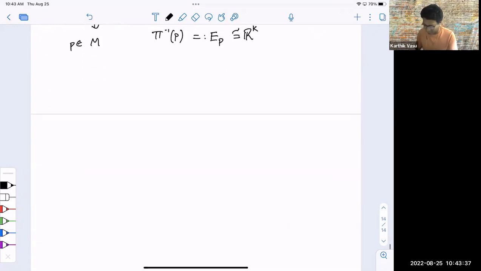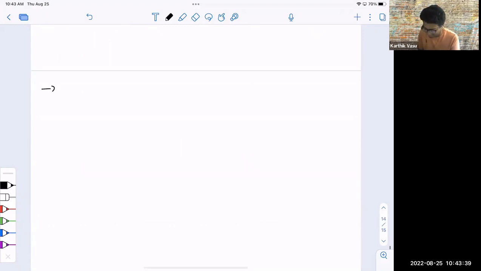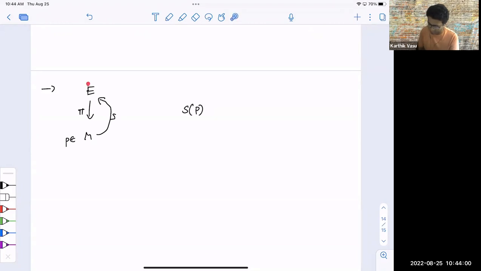Right, so those were bundles. And I also said what a section was. A section is nothing but, you have a bundle, you have the projection map, and a section is a smooth map like this, so that the diagram commutes. In other words, if you take any point P here, S of P will be some point over here, belonging to the vector space E_P.